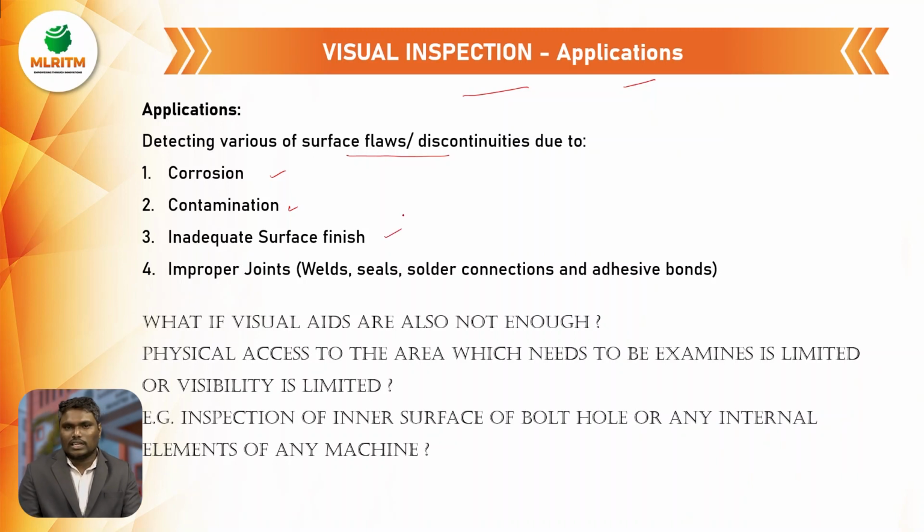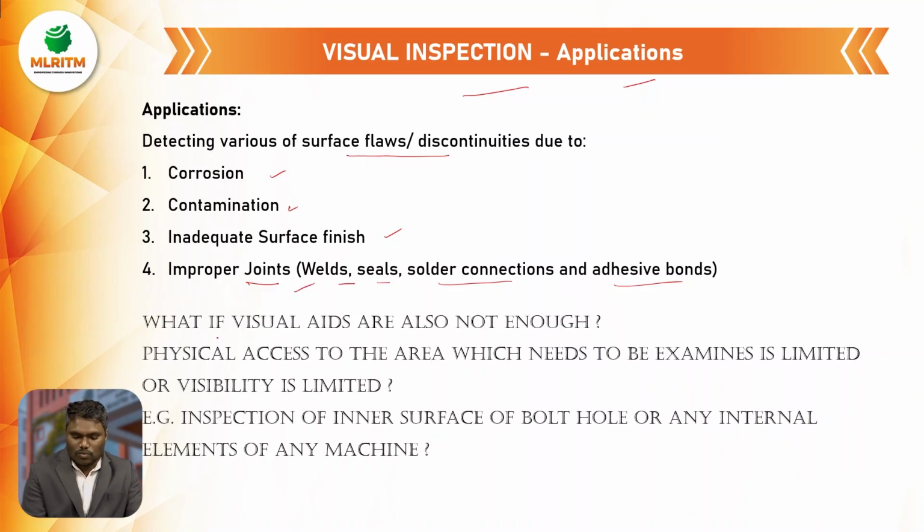And then inadequate surface finish, improper joints, welds, seals, solder connections and adhesive bonds. These are the different applications where we can easily find defects: corrosion, contamination, inadequate surface finish, and improper joints.